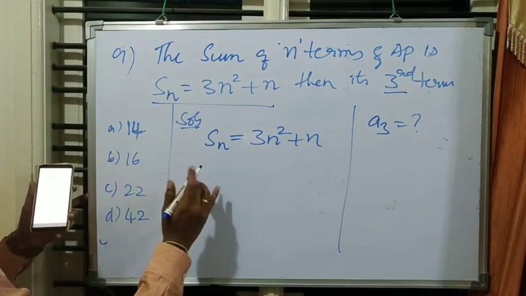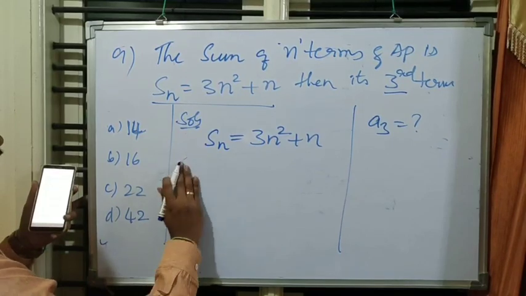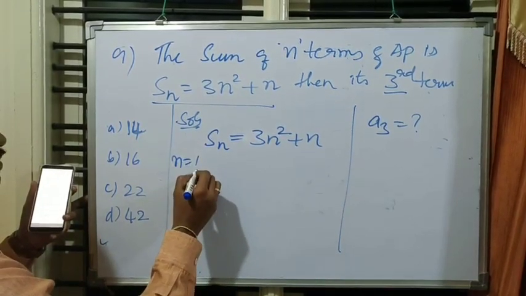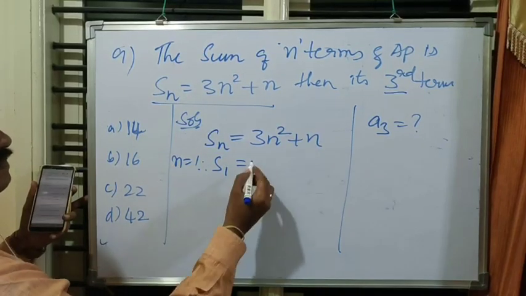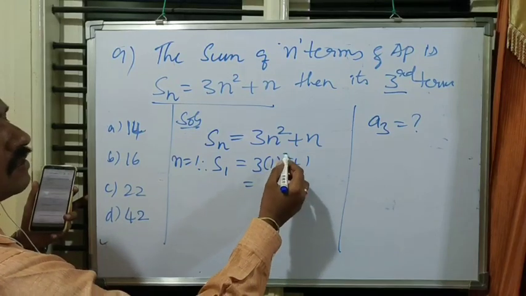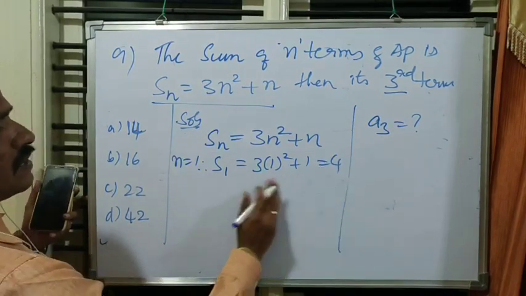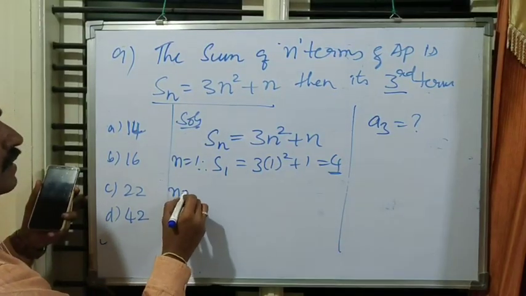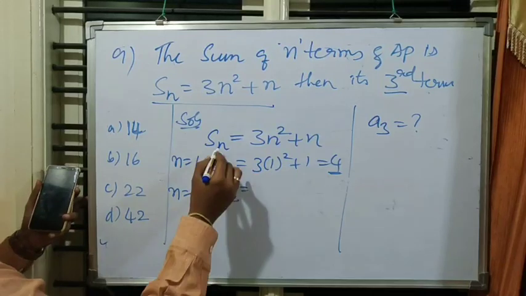Now let us keep n value 1. Then S1 is equal to 3 into 1 square plus 1. 1 square is 1, 3 ones are 3, 3 plus 1 is 4, so S1 is equal to 4. Then n is equal to 2, find S2.